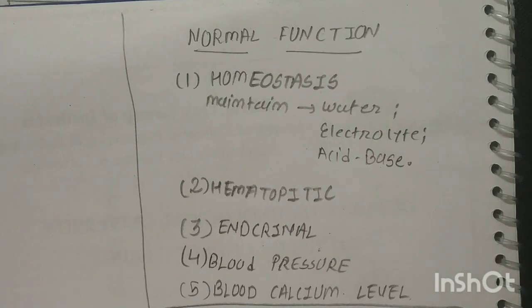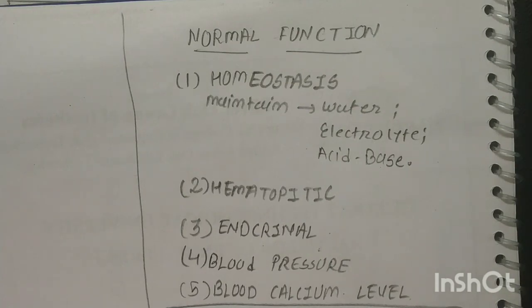So the kidney secretes erythropoietin, thrombopoietin, renin, and also prostaglandin, which is also very important for the constriction of our smooth muscles. That's why its normal functions are endocrinal function and hematopoietic function.